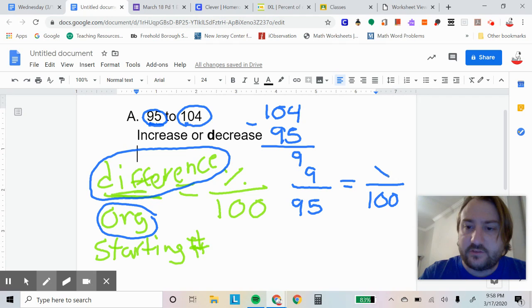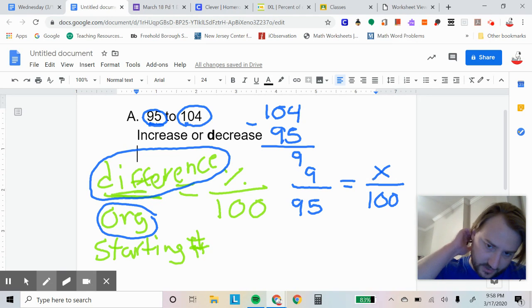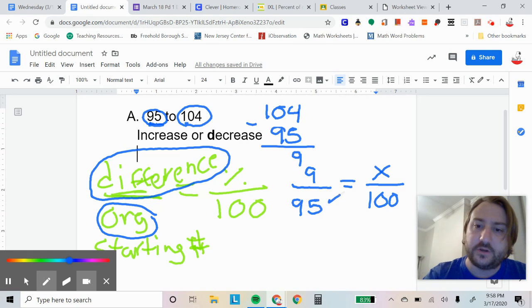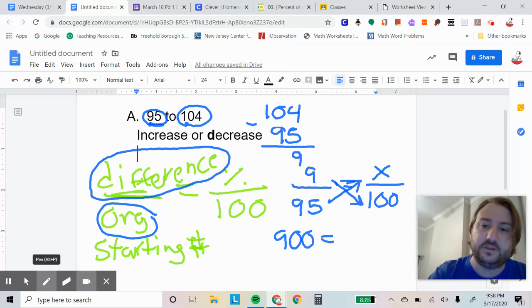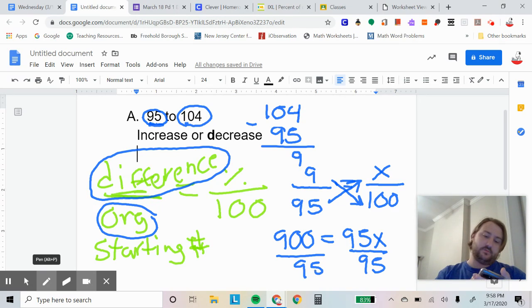Then this is the X because we don't know what the percent is, so we put a variable there. We're going to cross multiply, and we get 900 is equal to 95x. Divide by 95. 900 divided by 95 gets a large decimal, so we'll round it to the nearest tenth.